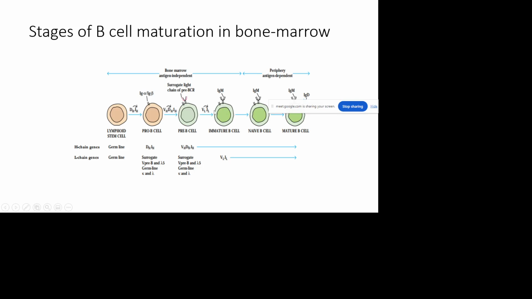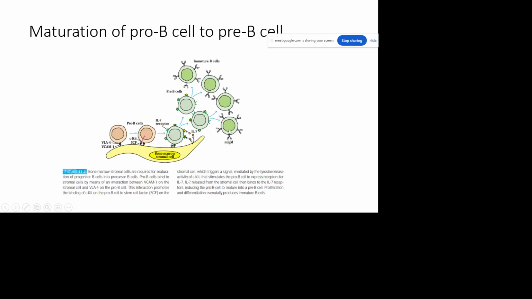So after the VLJL recombination, the light chain gene will undergo recombination, and it will make the IgM and Ig alpha Ig beta heterodimer, which is the immature B cell.